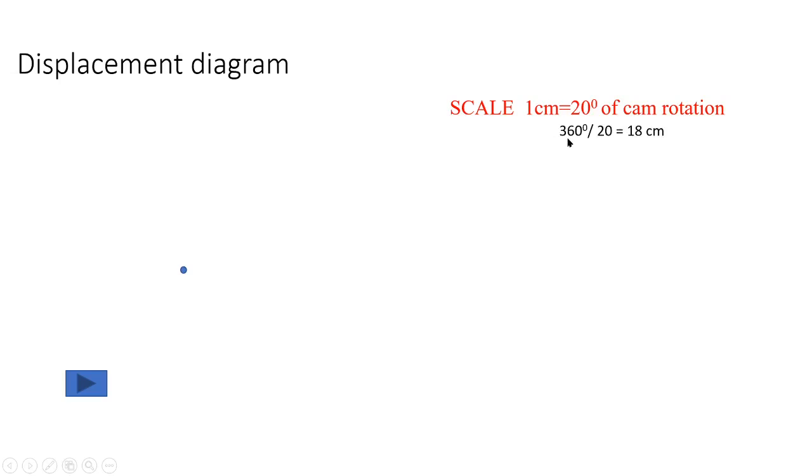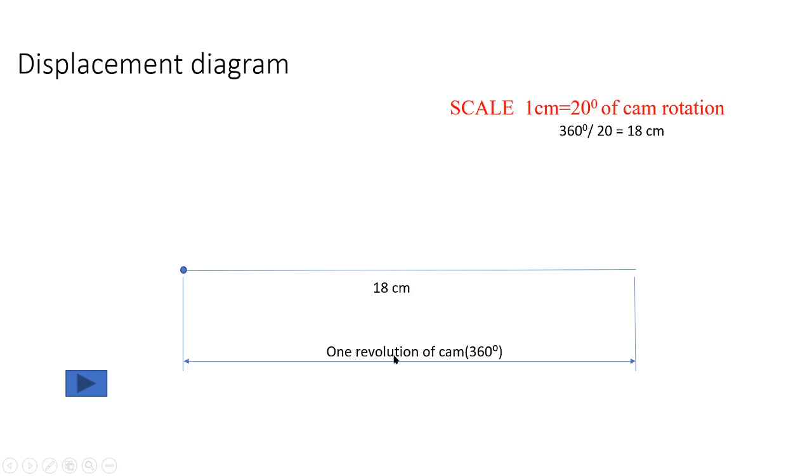So you convert one rotation of the cam, that is 360 degrees, into linear distance by using the scale. 360 divided by 20 is equal to 18 centimeters. Draw an 18 centimeter line. It represents one rotation of the cam.